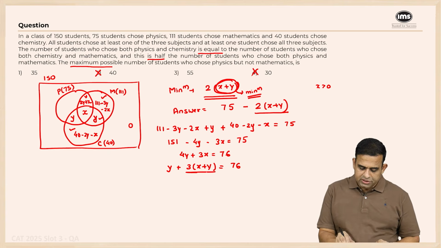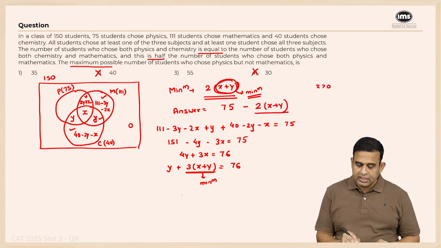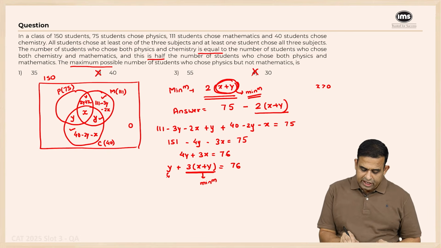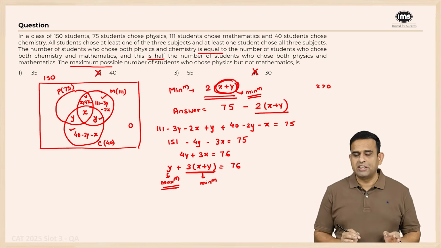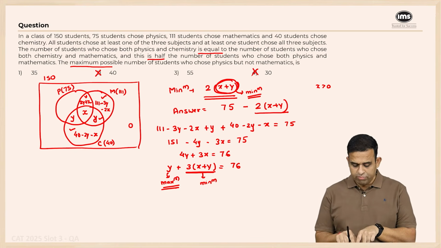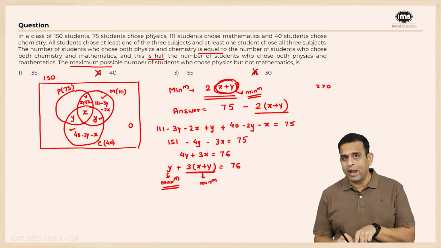Now if I want to minimize this term, then one can very much say the term y needs to be maximized. So I want to minimize x plus y, but I want to maximize the term y over here.